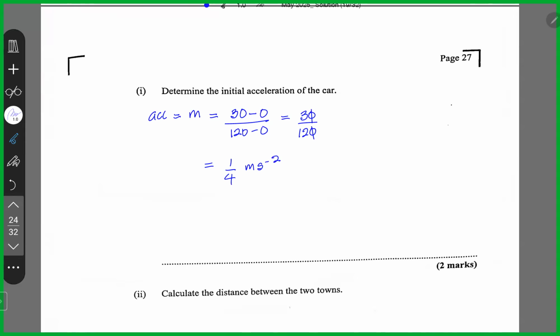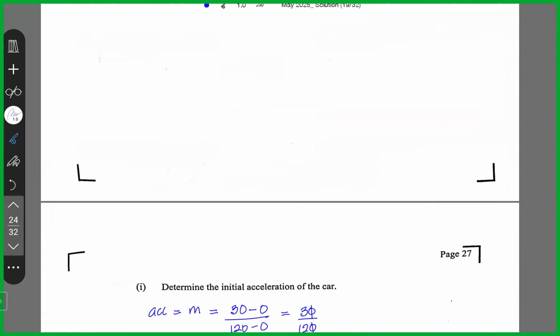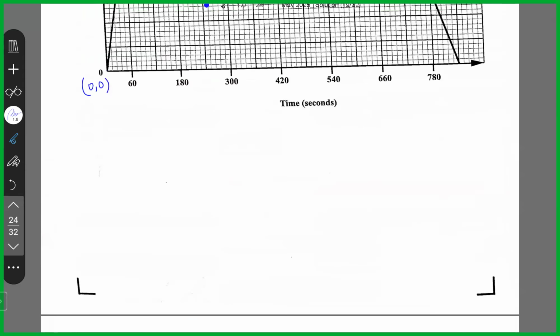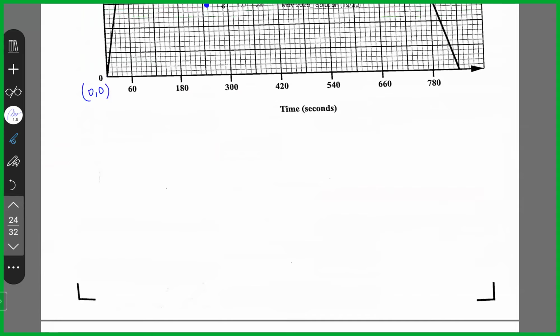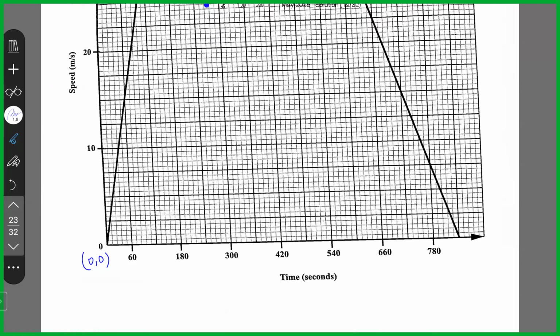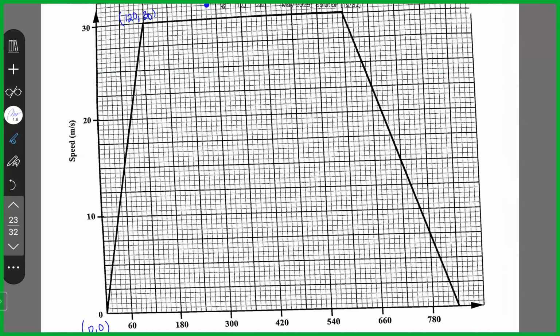Now we're to calculate the distance between the two towns. Well, the distance between the two towns would be the area of this entire shape, because this diagram actually represents the journey.